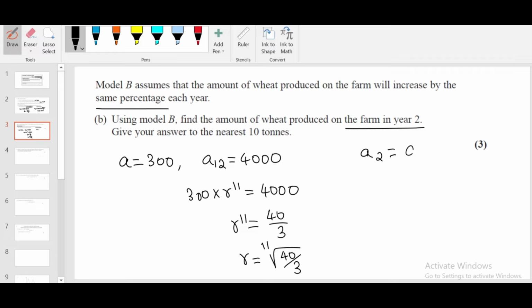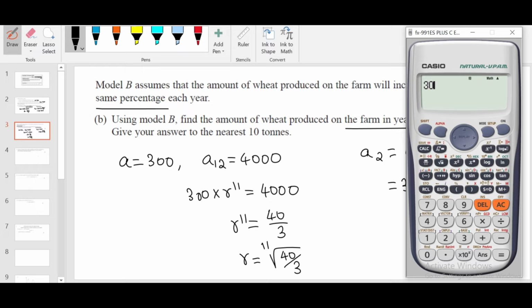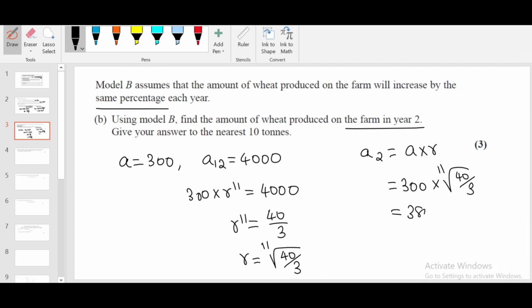The formula for the second term is a times r, which is 300 times the 11th root of 40 over 3. So here 300 times, I saved it as A. We got 379. They want the answer rounded to the nearest 10. So it's 380 tons.